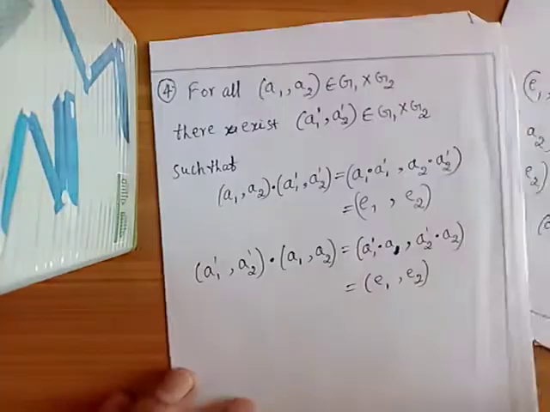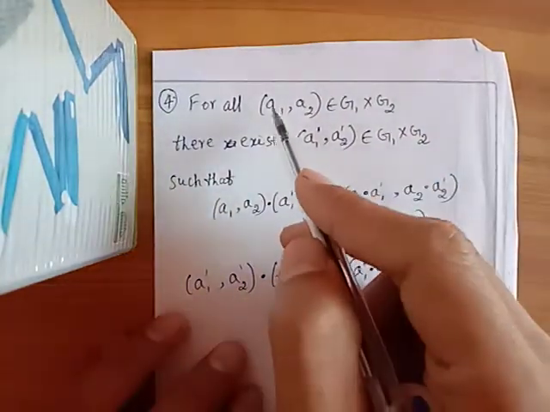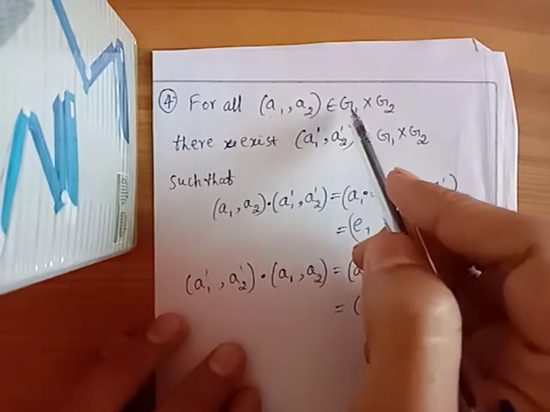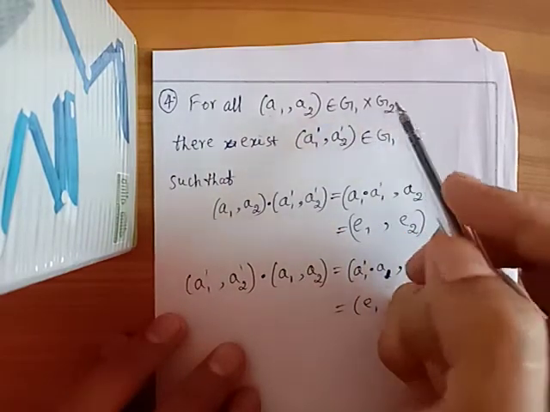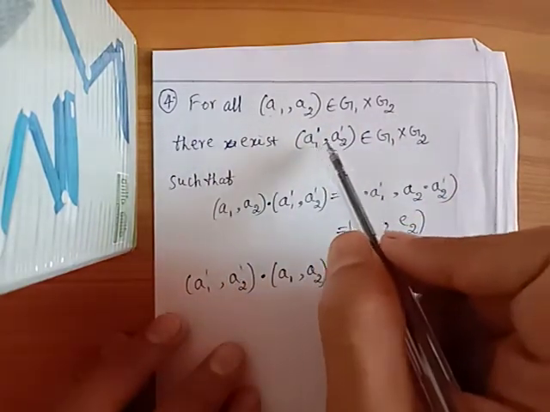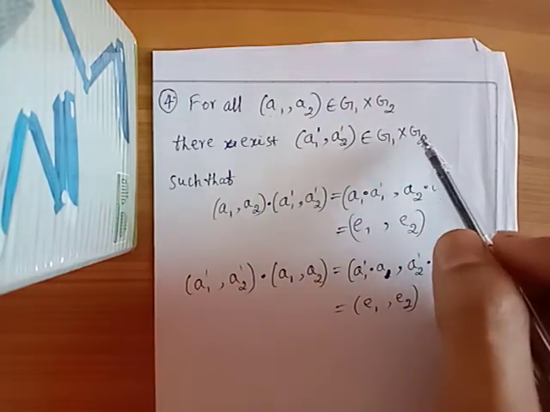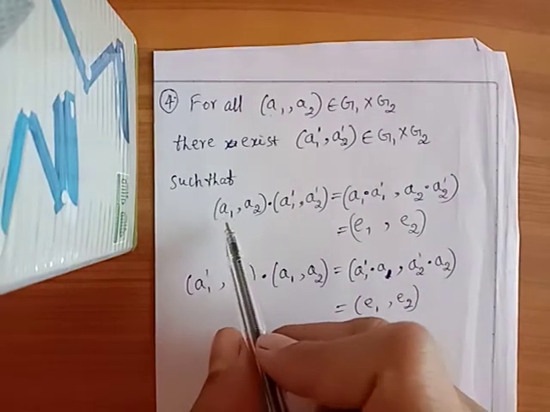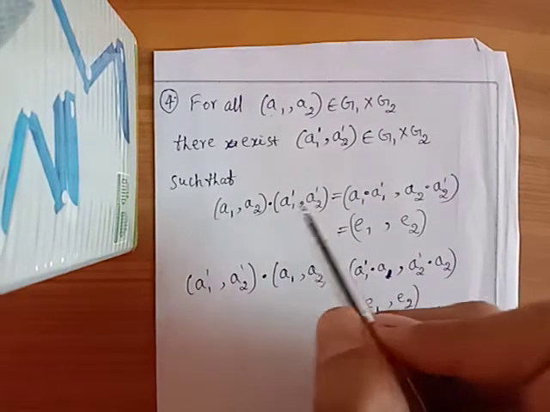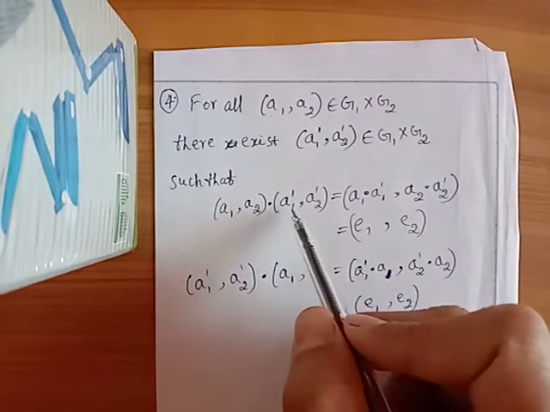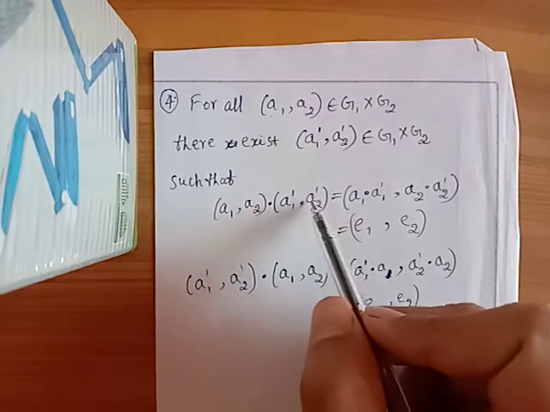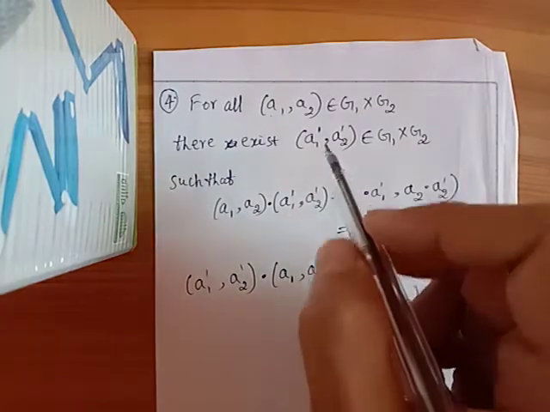Now for all (A1, A2) belongs to G1 cross G2, there exists (A1 dash, A2 dash) belongs to G1 cross G2 such that (A1, A2) dot (A1 dash, A2 dash) is the identity. Why?